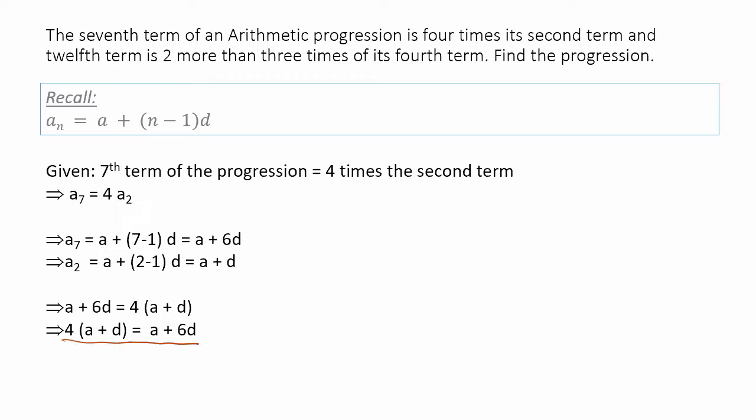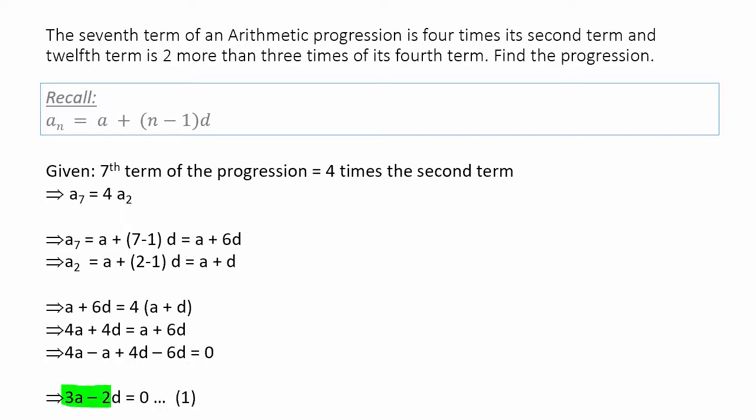Bringing everything to the left hand side, we get 4a minus a and 4d minus 6d, which becomes 3a minus 2d. So we get the equation 3a minus 2d equals 0.